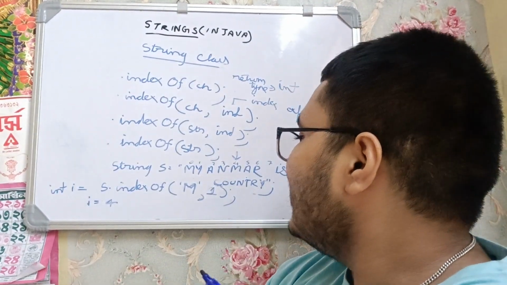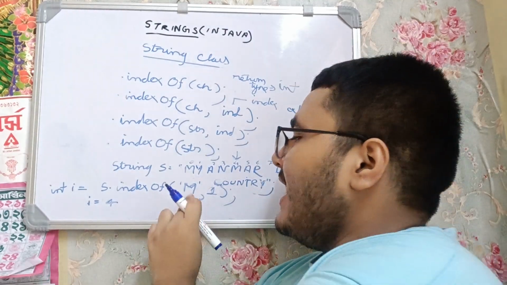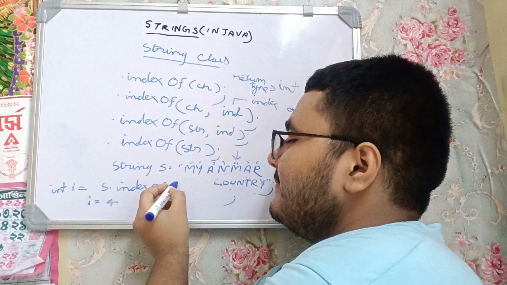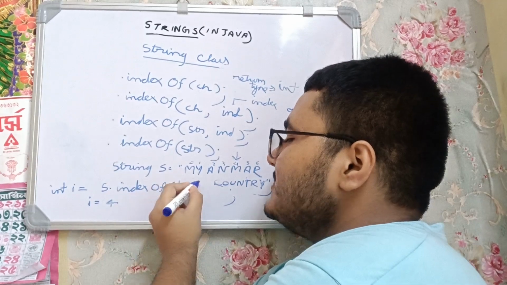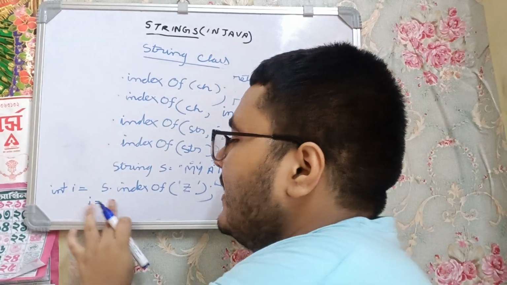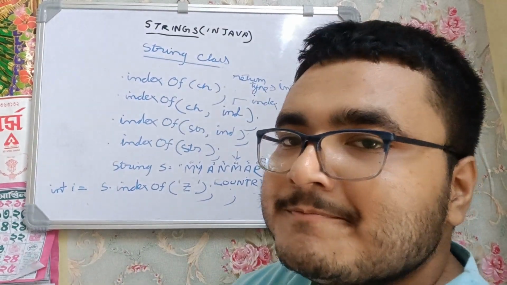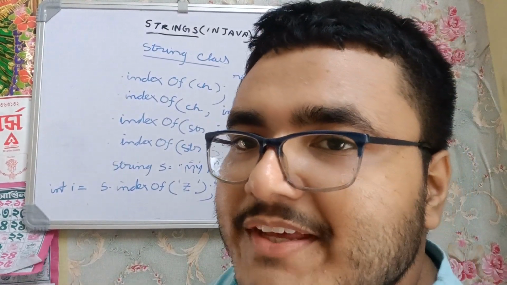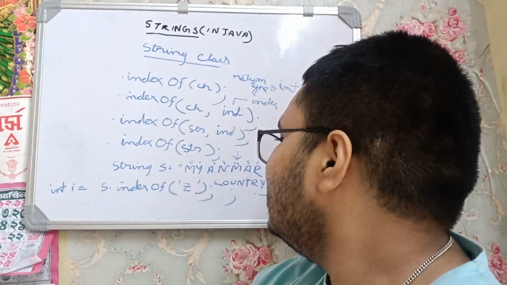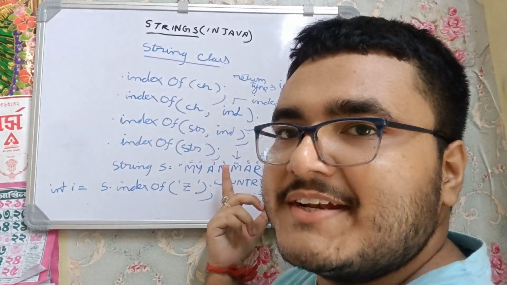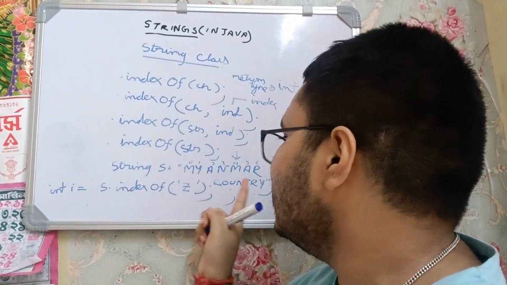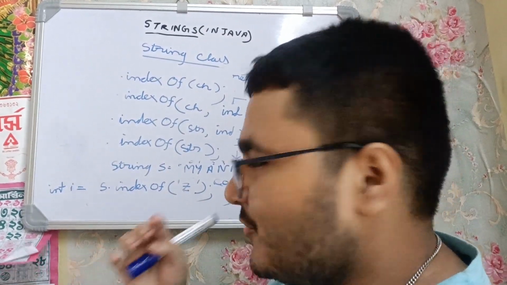Now I am searching for z. If I write int i is equal to index of z, what will the value of i be? Just pause the video and think for a while. Ready? If I go through this sentence, z is not present anywhere. Yes or no?